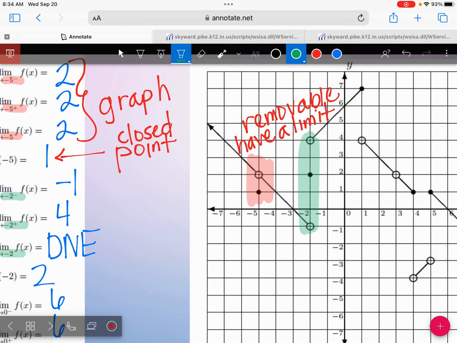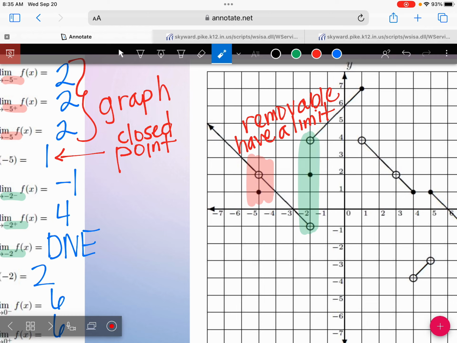The graph is not connected at that point. Here, do you agree that the graph is connected? But here, the graph is not connected. This open circle and this open circle are not connected. This is a jump. So that's why the answer to 7 does not exist.